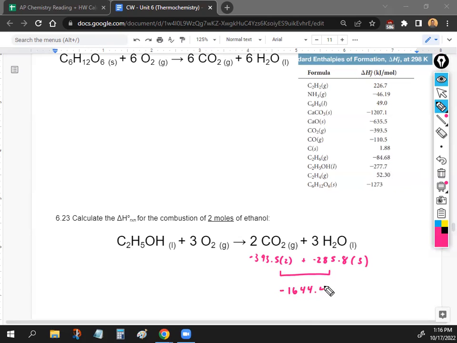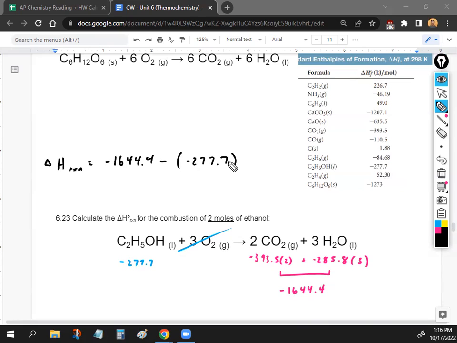We have ethanol right here. Ethanol is negative 277.7, and you only have 1 mole. O2 is in its most stable state, so it's 0. For your final reaction, delta H of the reaction is negative 1644.4 minus negative 277.7.